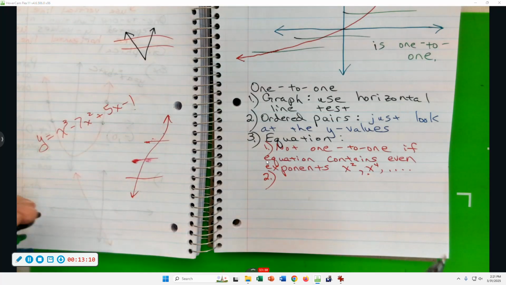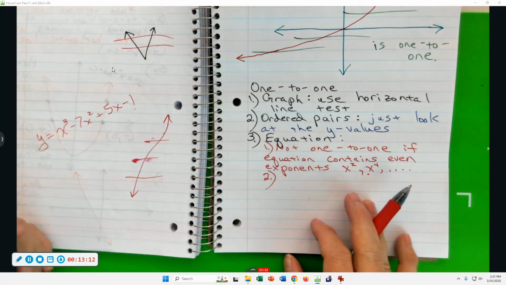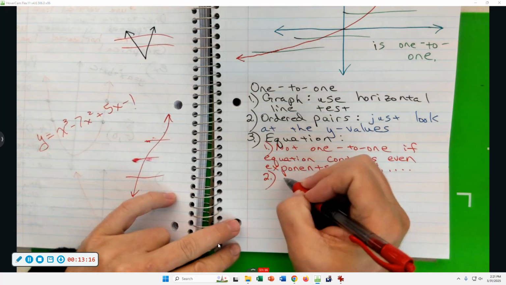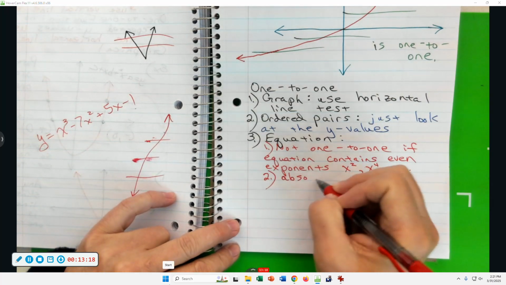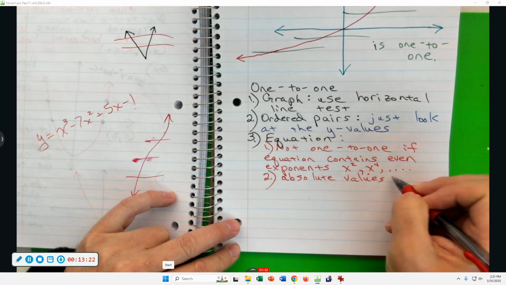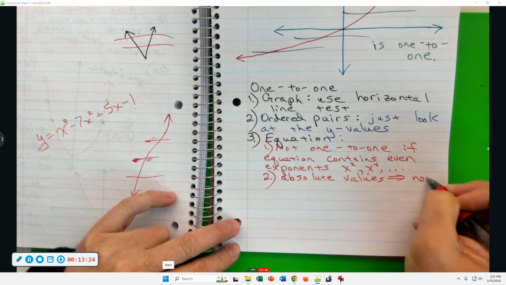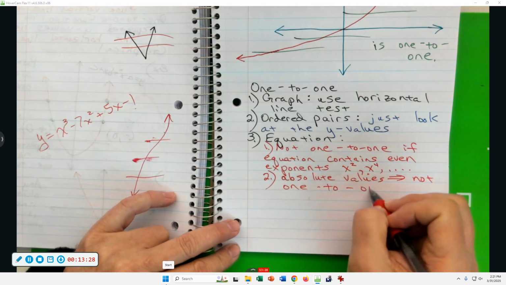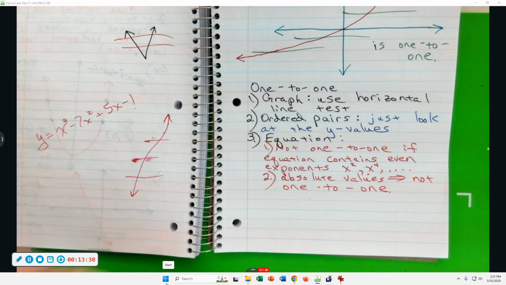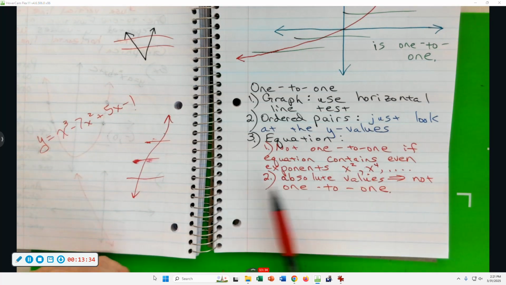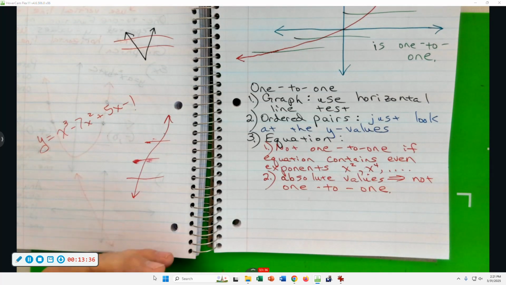So if your function has absolute values, it's not going to be 1-to-1. That'll be important towards the end of the class. Right now it's not that significant.